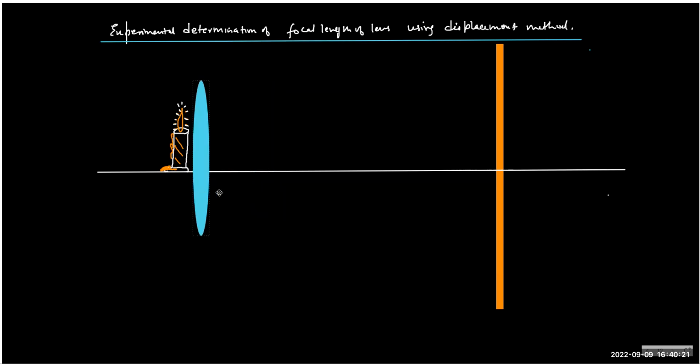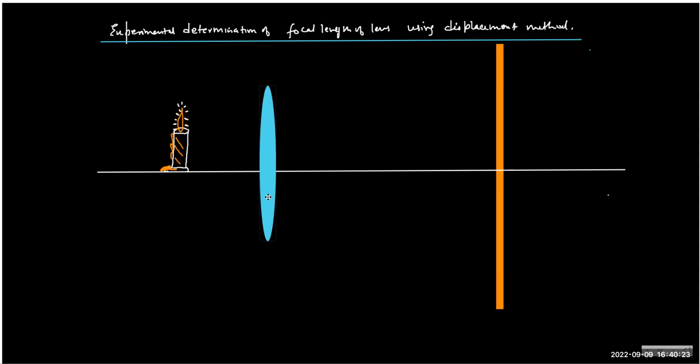So what will happen if you move like this? If this is U and this is V, the V of that given U, you can say the image will be formed on the screen, isn't it?